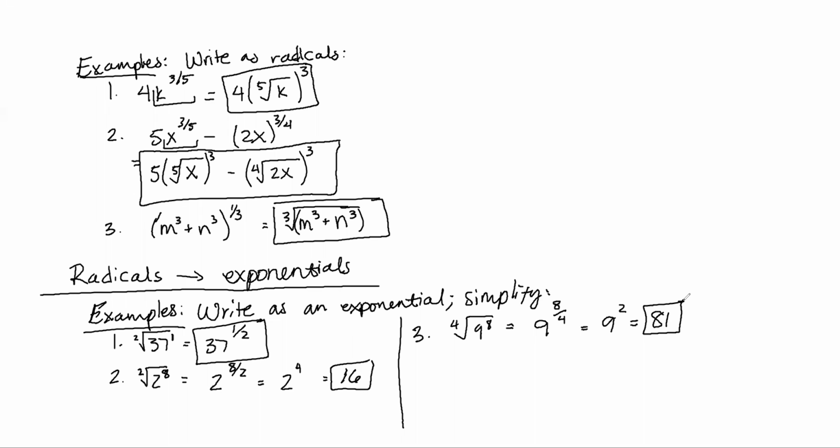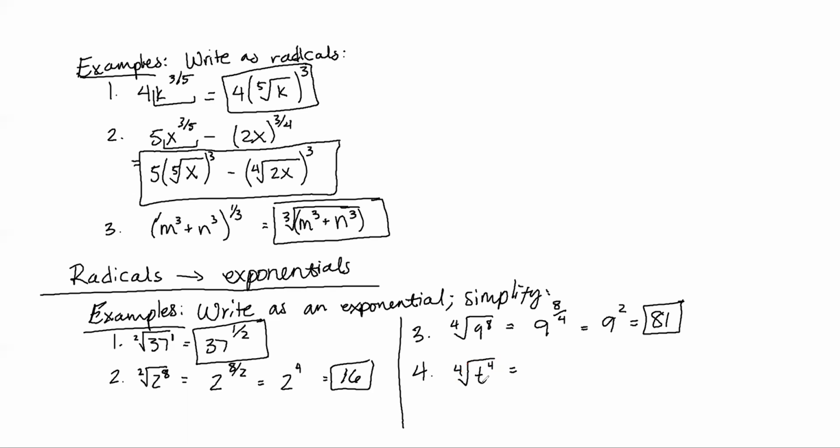And then lastly, the 4th root of t to the 4th. We've seen one kind of like this, where we saw the square root of a squared, and those canceled out. It's the same kind of thing here. We could go ahead and just cancel out the 4th root and the 4th exponent on the t.